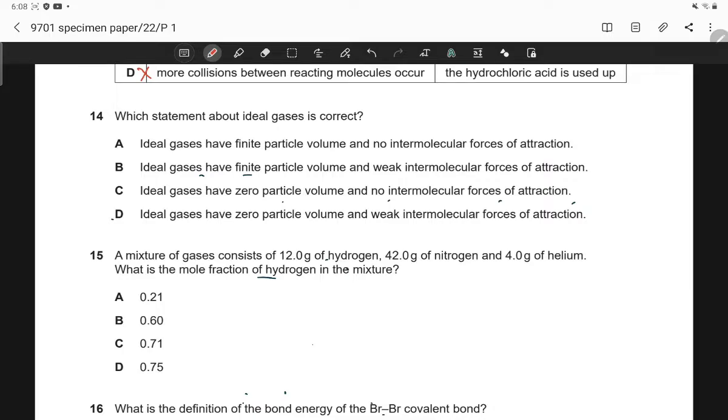Ideal gas has no intermolecular forces. In a real gas, you can have weak intermolecular forces, but the weaker the intermolecular forces, the more ideal it gets.